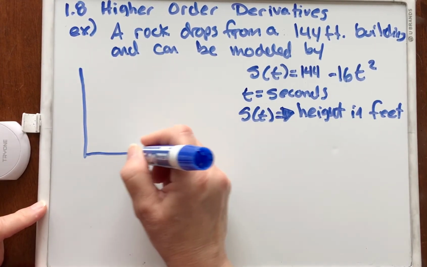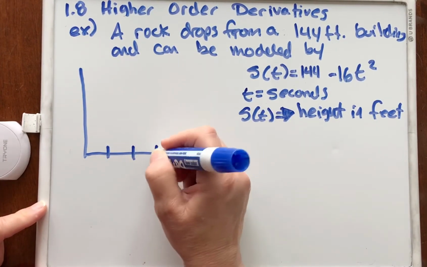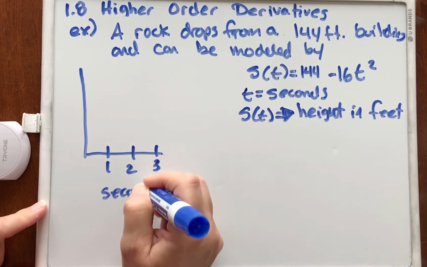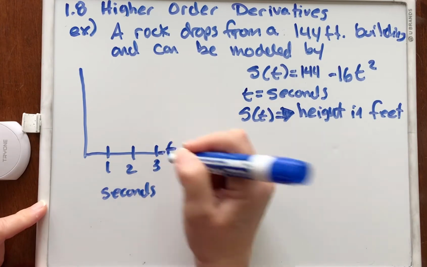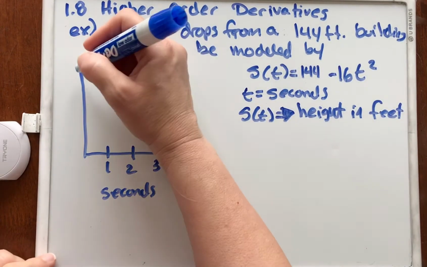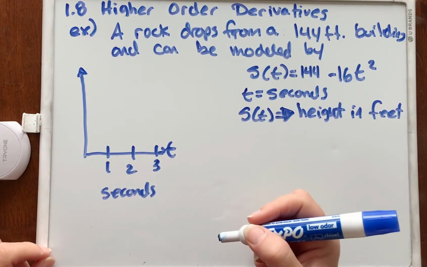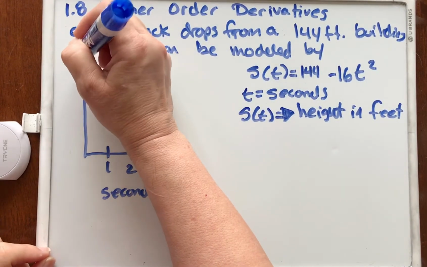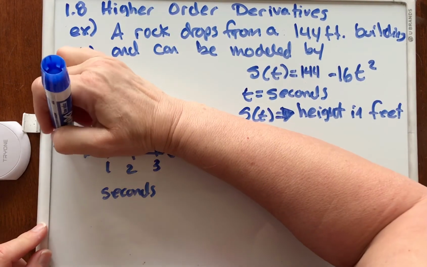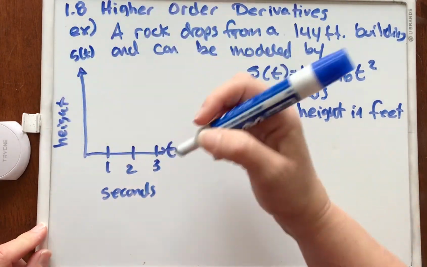You can just go out 3 seconds. 1, 2, 3. We're looking at seconds. So this is going to be t, the horizontal axis. And the vertical axis is going to be s of t, and it's going to be height in feet.